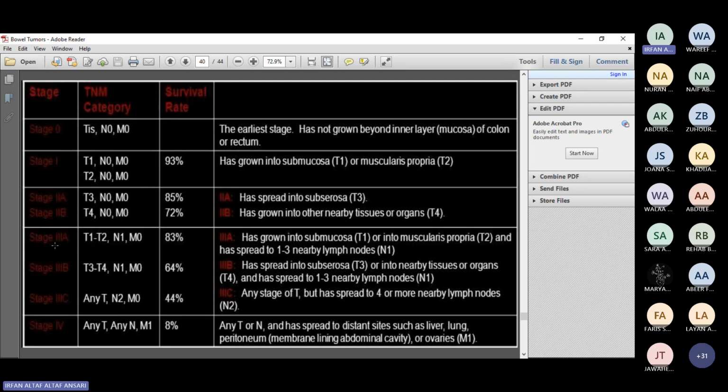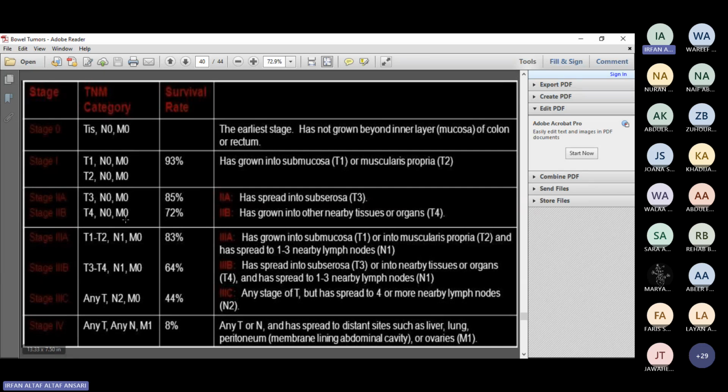So you see, whenever stage 3 comes, you have lymph node involvement. 3 or fewer, N1. 4 or more, N2. So this is the classification for you. If you remember, it is well and good for you, especially for your clinical presentation.